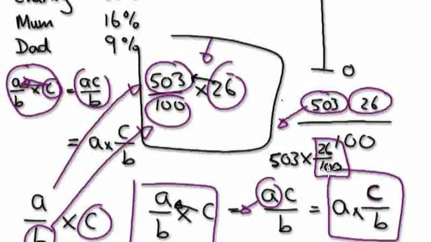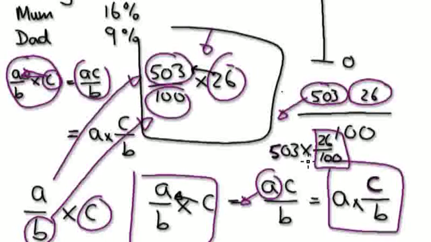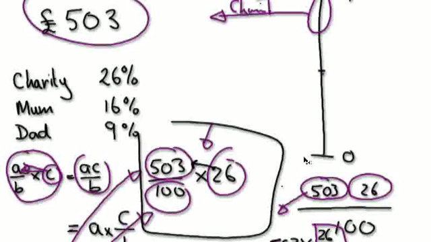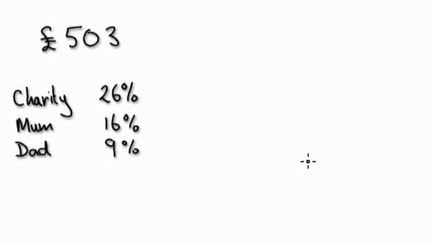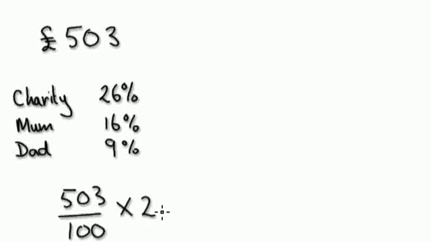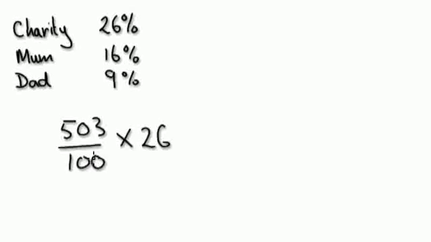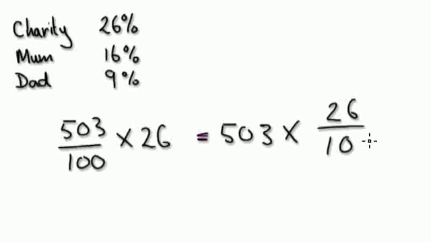Now this here is quite useful. So let me do this again. If you want to work out 26% of this, normally I would ask you to do this: 503 divided into 100 pieces and then times 26. What I'm saying is that you move this 100 over, so it's like this: 503 times 26 over 100.